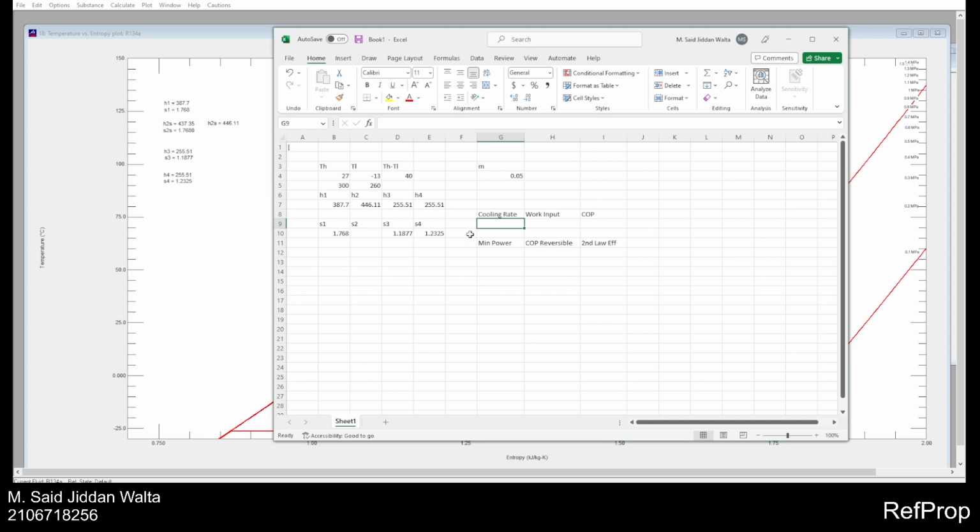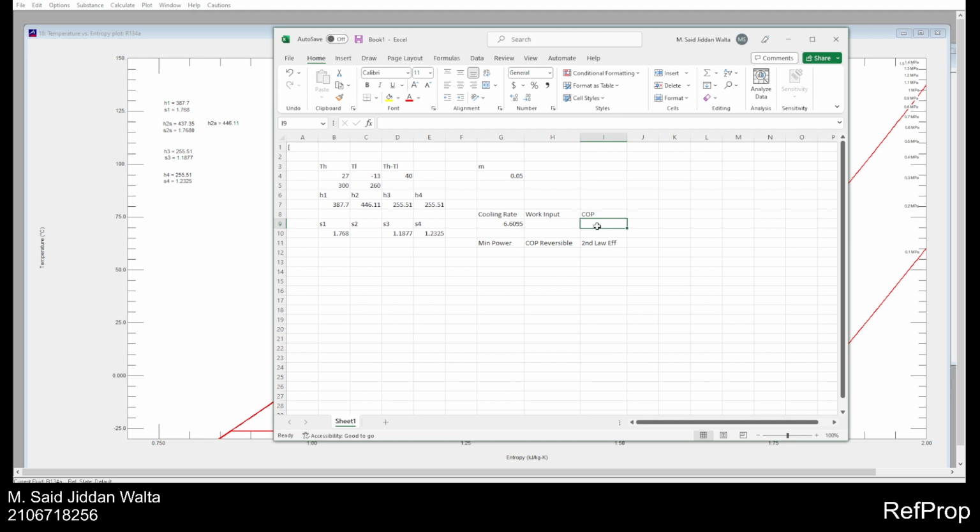So the cooling rate is the mass flow rate multiplied by the enthalpy difference between 4 and 1, which is the enthalpy difference at the start and at the end of the evaporator. So we can multiply this by the difference between H1 and H4, where we find the cooling rate to be 6.609 kilowatts.